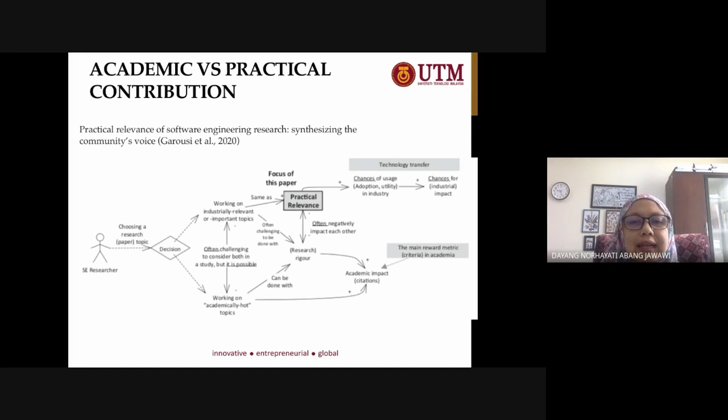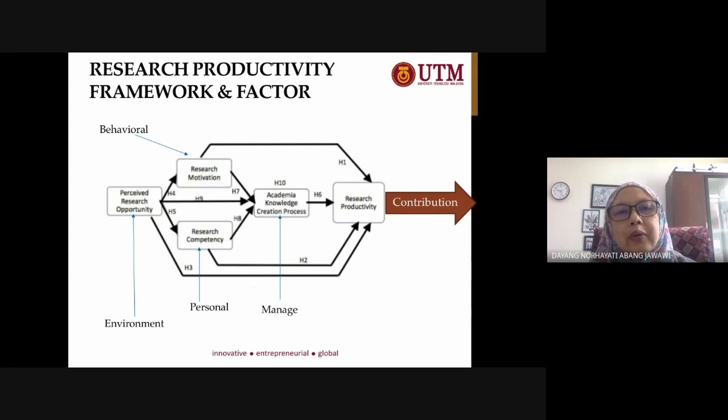Okay, because in academia, what we do now can be implemented like a few years after further research can be done to move that research from giving academic impact, move it to technology transfer impact. So when we talking about research, I try to link productivity of the research and contribution. Okay, we need to have environment in order to become productive.